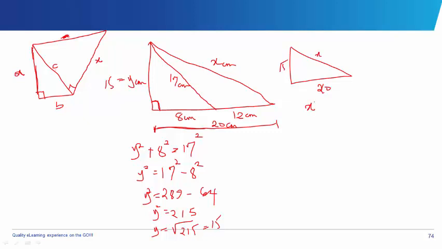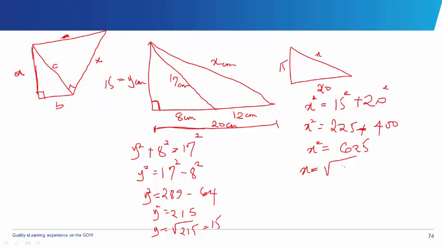So x is the hypotenuse. We have x squared equals 15 squared plus 20 squared. Therefore, x squared equals 225 plus 400, which gives us 625, and x is the square root of 625, which is 25. So x equals 25 cm.